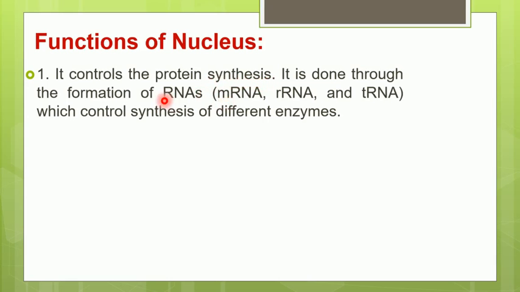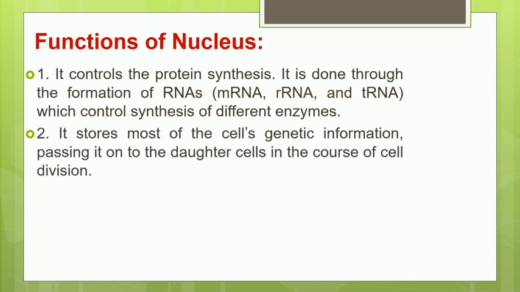All three types of RNA are produced in the nucleus, that is mRNA, rRNA and tRNA. Along with that, different enzymes are also synthesized, and these are responsible for the process of protein synthesis.